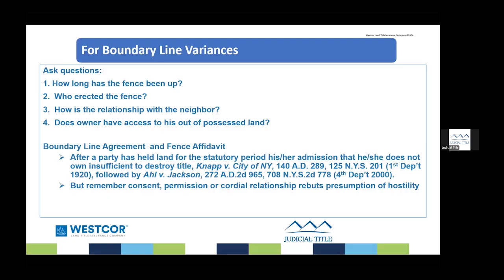Now, title insurers must consider the possibility of some owner from the distant past filing an action to quiet title and claiming that the newly insured owner has not established some reasonable claim of right for a period of 10 years.